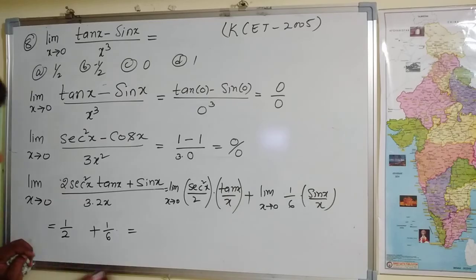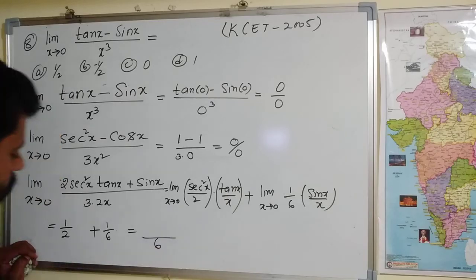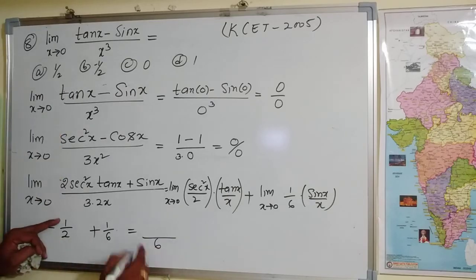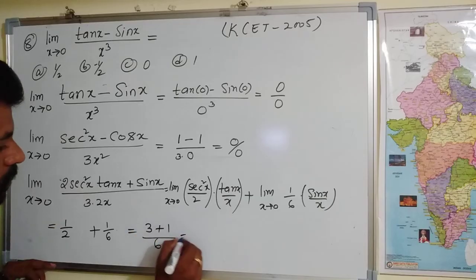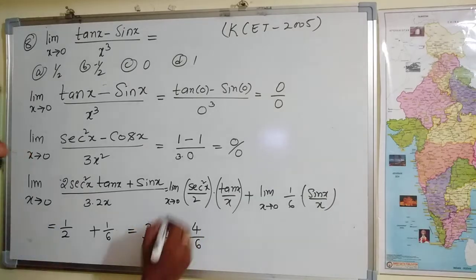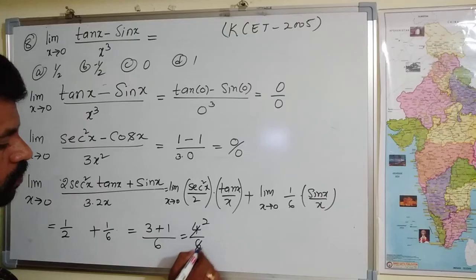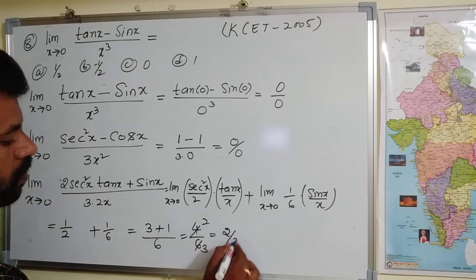Now take the LCM, 6. 2 3s are 6, 3 plus 1 is equal to 4 by 6, which is 2 divided by 3.